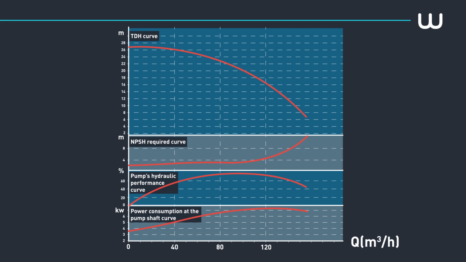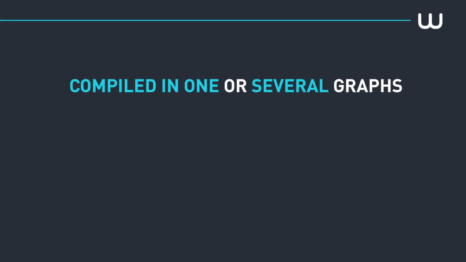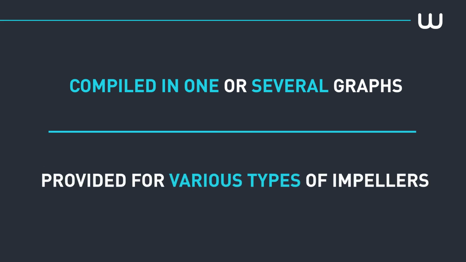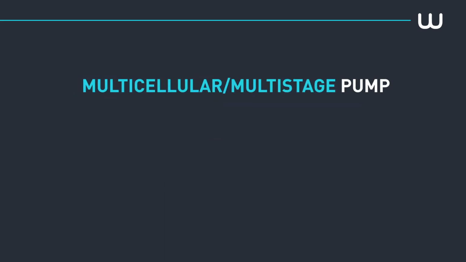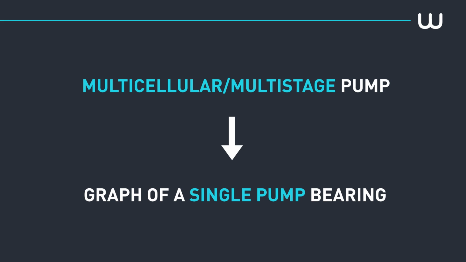It must be noted that sometimes the graph curves are completely or partially compiled within a single graph. Curves can also be provided for various impeller sizes. It is essential to note that in the case of a multicellular pump or a multi-stage pump, the graph provided generally corresponds to the performance of a single pump bearing.